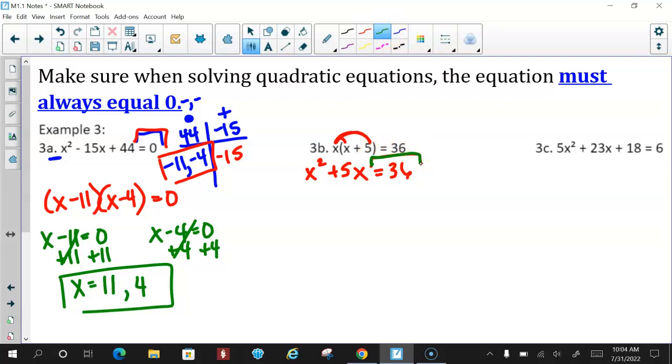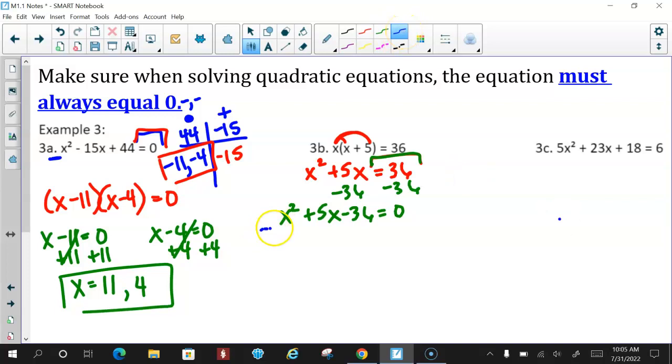What is our equation supposed to equal? 0. So what do we need to do first before we start solving? Subtract 36, because that's how we're going to get 0. So really, we've got x squared plus 5x minus 36. That is what we're going to solve because it has to equal 0, our equation.